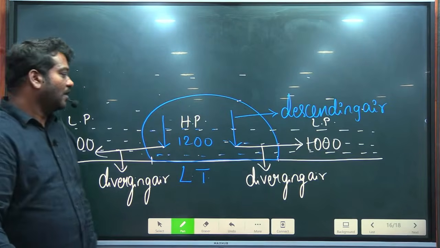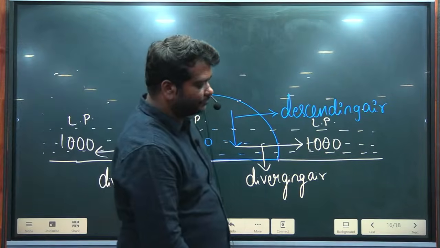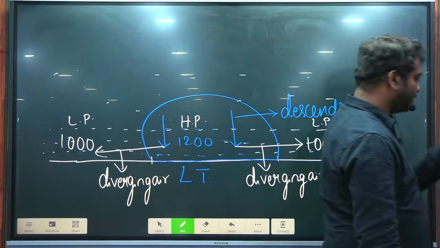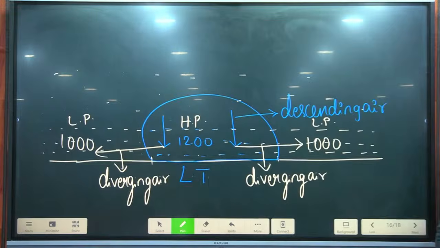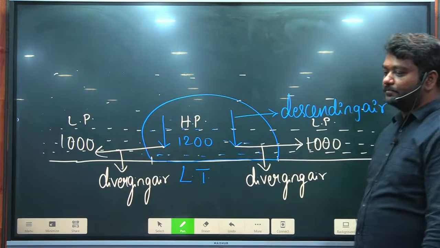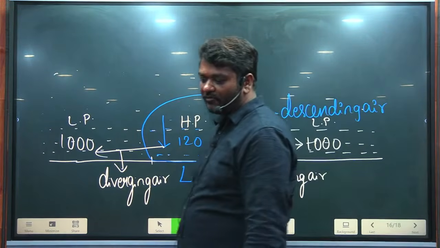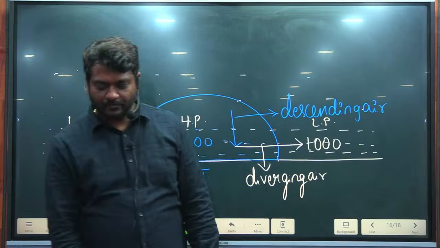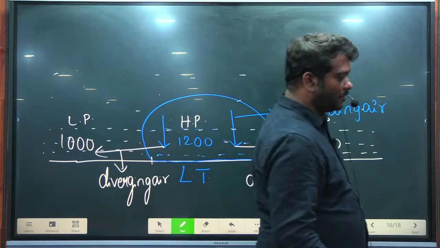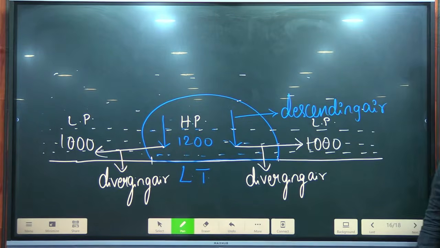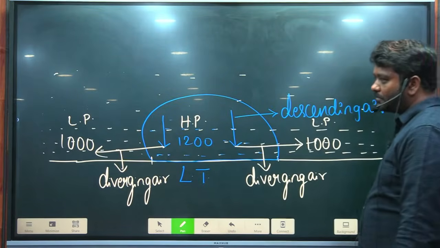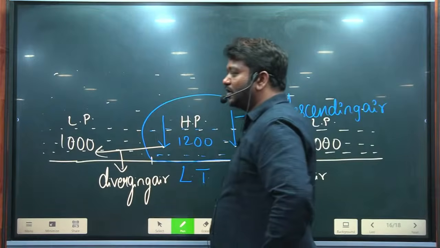Full stop. Descending air increases the number of particles, and it leads to high pressure compared to the surrounding.